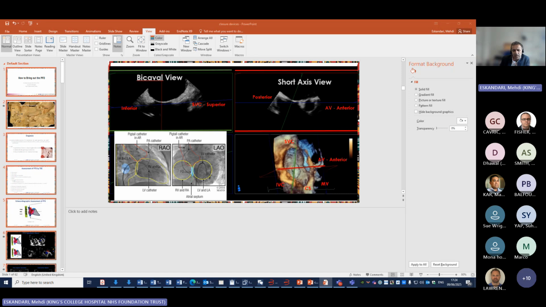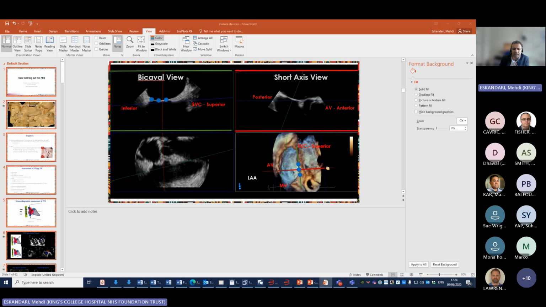Now, these are the fluoroscopy views. If I rotate it and look at this from the left side, from the left atrium, and if you focus on the green and the red line again, you could see that the red line, which is the short axis view on the top right, tells us how far from the aorta and mitral valve we are, or the distance from the mitral valve.